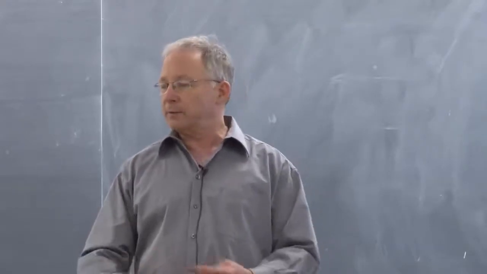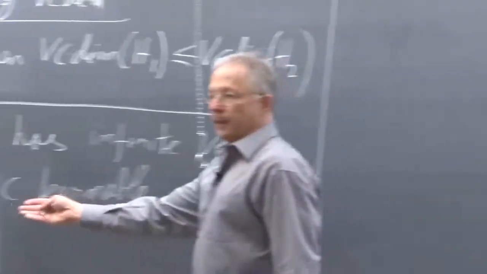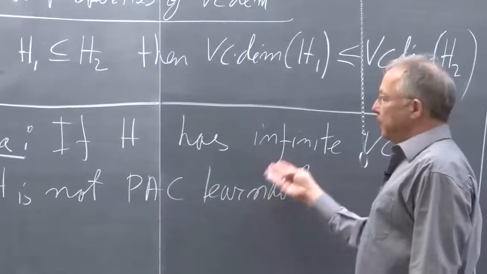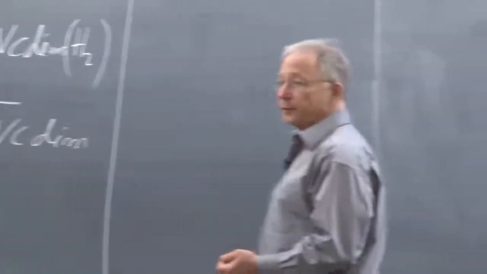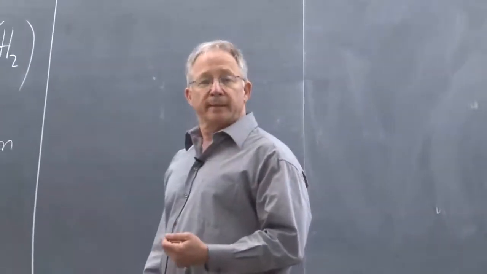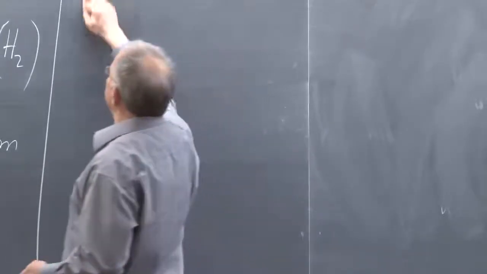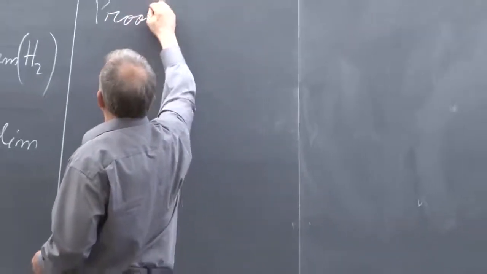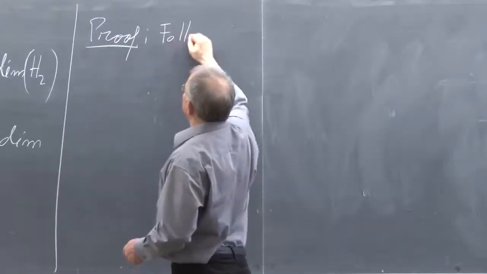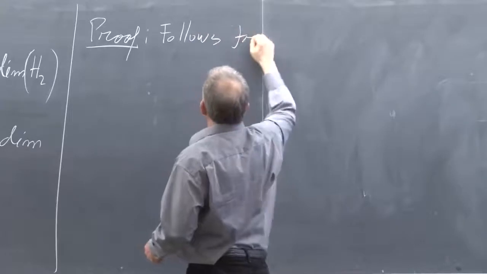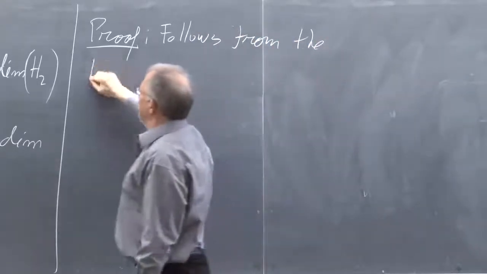So all the notions we've been playing with, this is the weakest one, and this one already fails if the class has infinite VC dimension. Now, how do we prove it? I claim that basically you have already seen the proof. And the proof is that it follows from the no free lunch theorem.